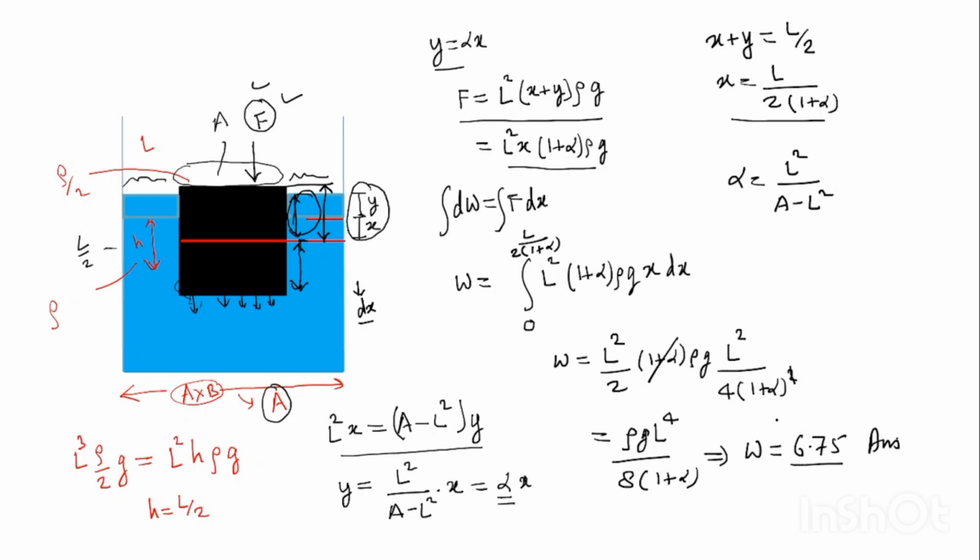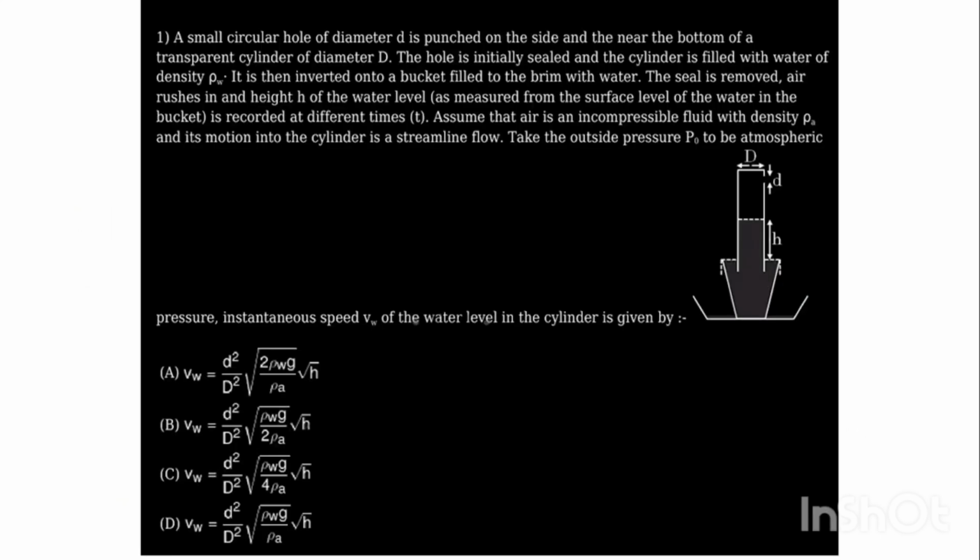Similarly, let us see the next problem, which is this one. In this, a cylindrical tube has been taken, and initially this gap was blocked with our finger, and this was filled with water. Then it was inverted in a bigger vessel in such a way that the bottom part is up and the open part hides in the water.